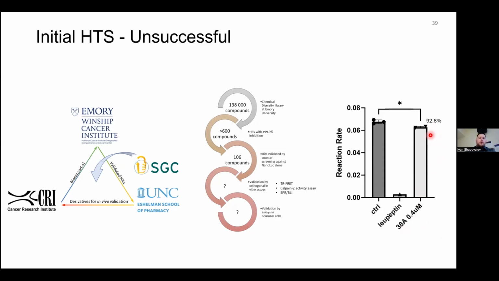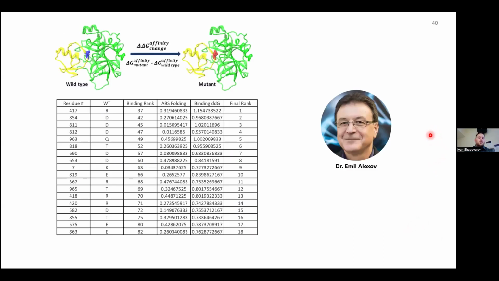So even though we were frankly upset by these results, we still wanted to find an inhibitor of Calpain, so we just needed to change our approach. That's when we enlisted the help of Dr. Emil Alexov. He is a computational biologist who specializes in modeling protein-protein interactions.